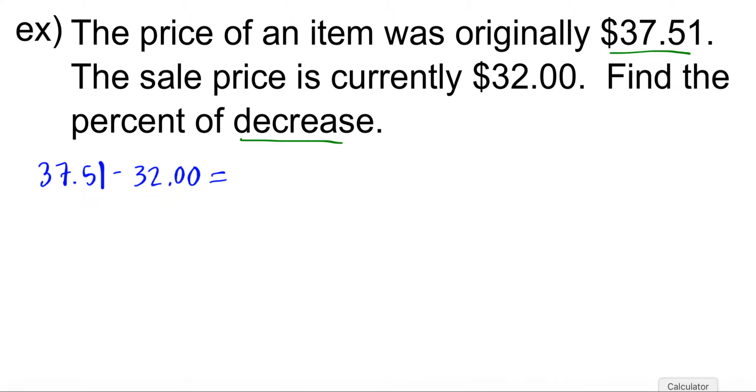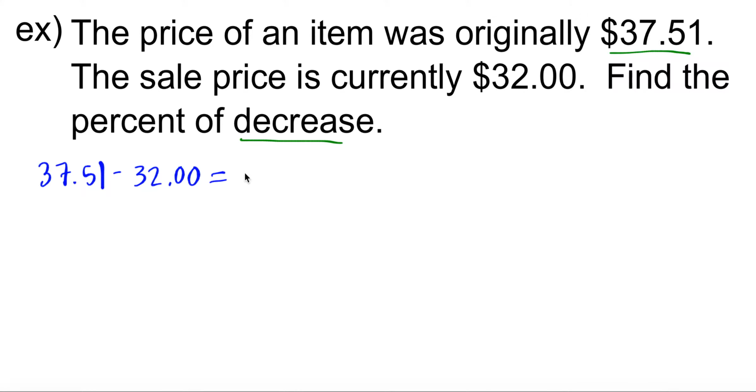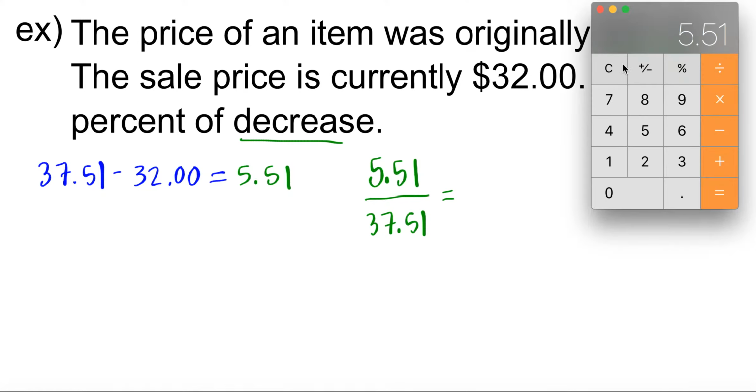And I'm going to grab my calculator to help with that. Let me clear it. Let's take 37.51, take away 32, and we get $5.51. Then we want to take the difference between the two, $5.51, divide it by the original, which is $37.51. Getting my calculator for that.